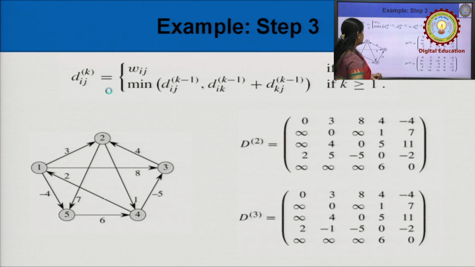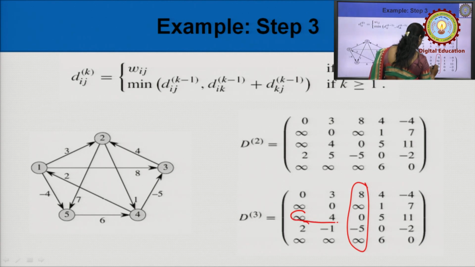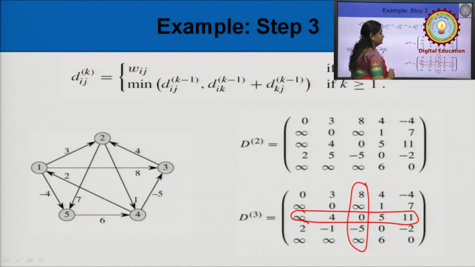Now calculate distance matrix 3 using distance matrix 2, copy the third row and third column, and all the diagonal elements are 0.